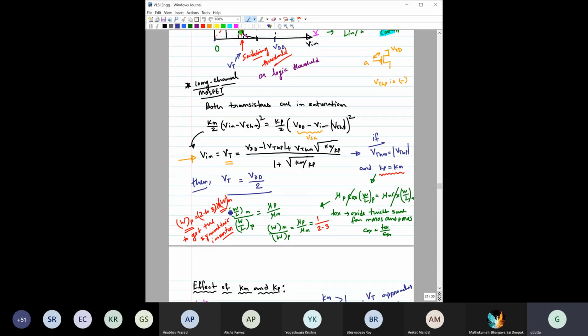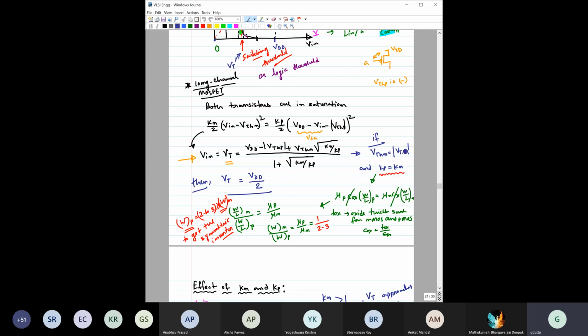And from these expressions we have also seen that if this logic threshold has to be near the mid position, close to half of VDD, then two conditions have to be satisfied. The first is that the magnitudes of the threshold voltages of the NMOS and PMOS have to be the same, and Kn should be equal to Kp.